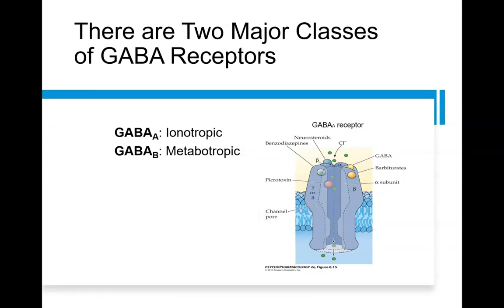We have the GABA A receptor, which is ionotropic, and then we have the GABA B receptor, which is metabotropic. Now, what I think is kind of interesting, you're looking at a GABA A receptor here. There are not only binding sites for GABA, but there are different sites on this receptor where different types of drugs will bind, including things like picrotoxin, benzodiazepines, neurosteroids, and barbiturates.